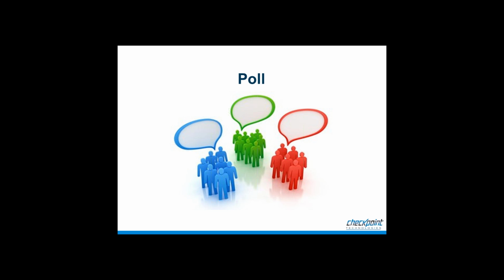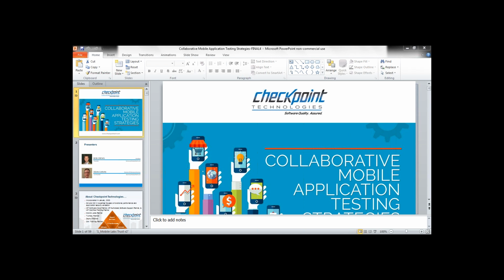Then there's mobile first, where you've got a number of different environments and applications, but your mobile applications are the top priority, or mobile everything. That is strictly what your organization focuses on. So if you could just take a moment and take a look at that poll.